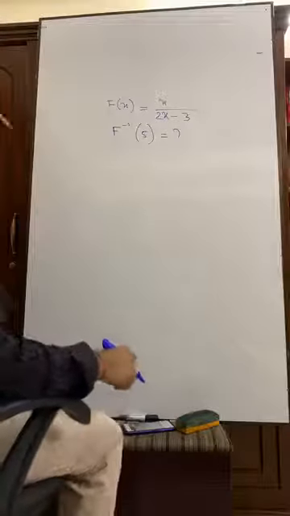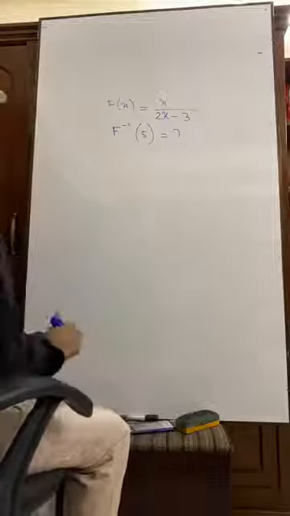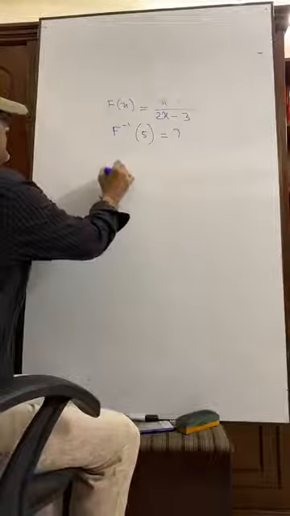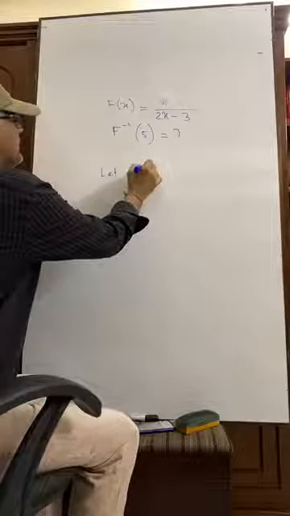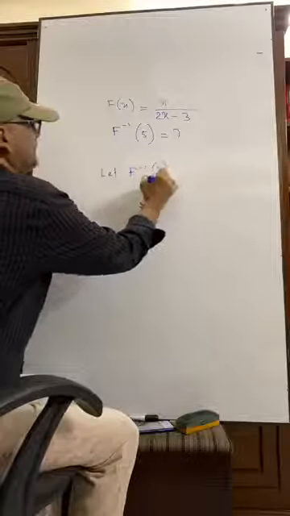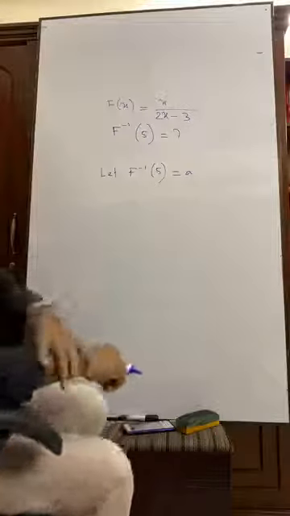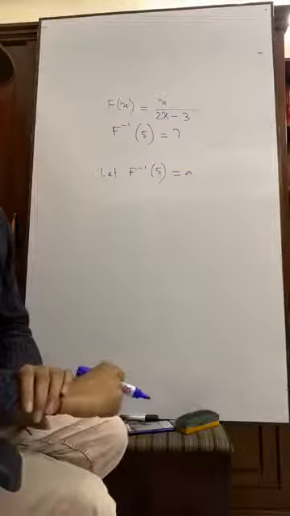Okay. One day I told you, in this case, what will you do? At first write down, let f inverse 5 be equal to a. So if it is possible to determine the value of a, then we are done.